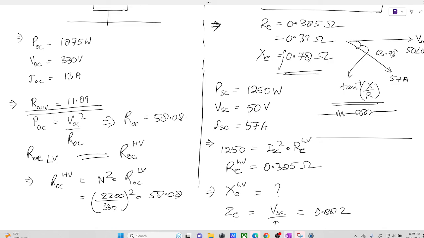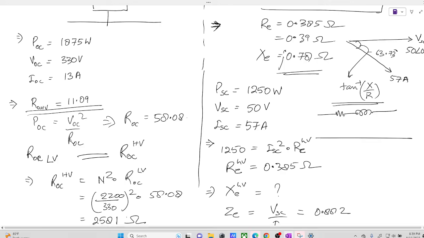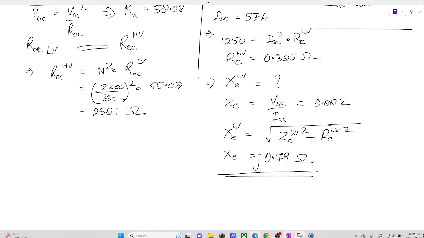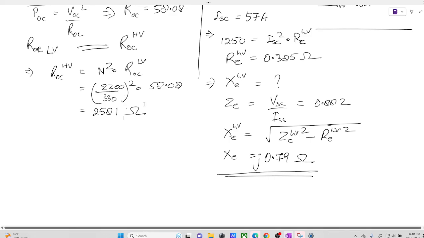What are you getting? Sir, in the open circuit case, can we write R open circuit is equal to open circuit power upon total current squared? No. Why can't you write that?